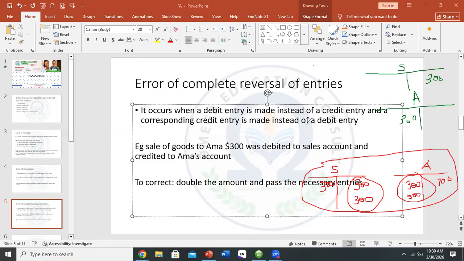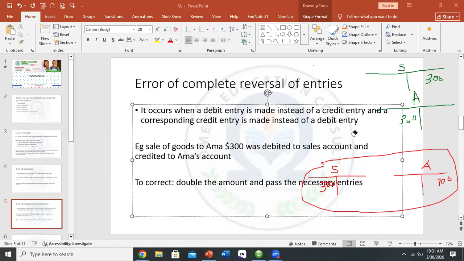Okay. Yes, Augustine Akoli, let me hear you. Sir, please, why did you double the amount? We are doubling the amount because you see, first of all, we needed to remove an amount and reinstate it, right? So let me go back, so that you can get the sense out of it.